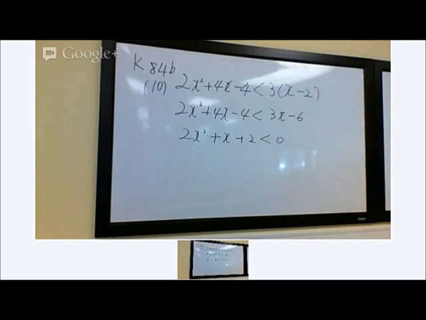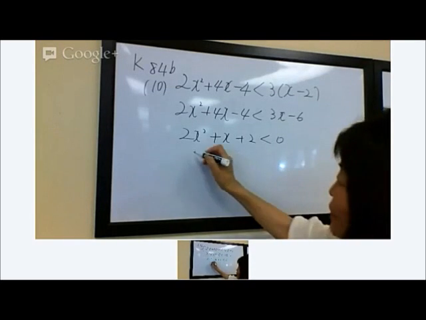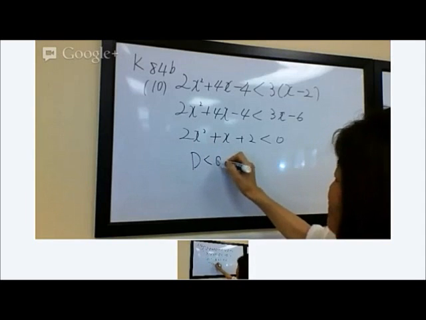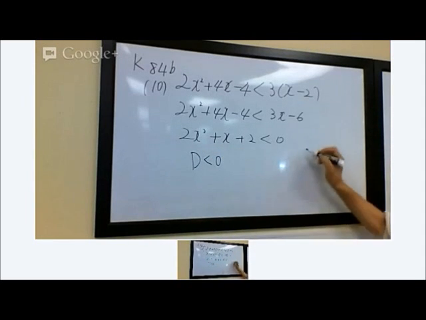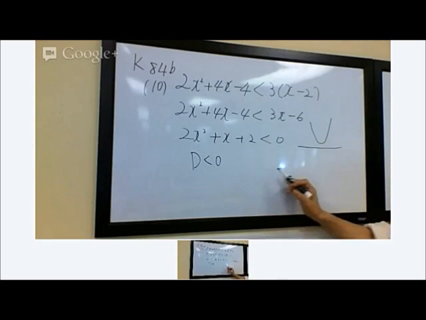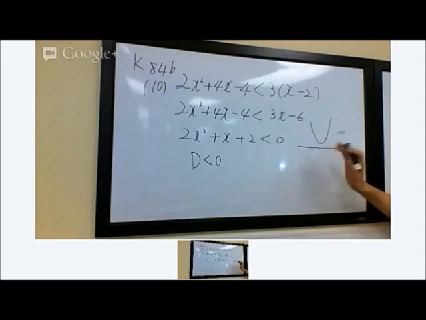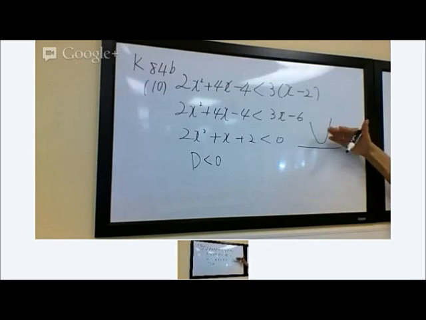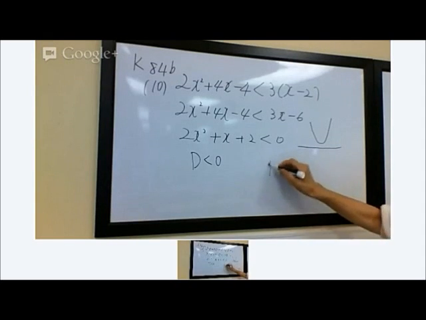Then if inside the square root is negative, then they can say D is less than 0, right? Graph-wise, they can imagine the graph is this graph. But they say less than 0. This graph is never ever going below the x-axis, which means there is no solution.